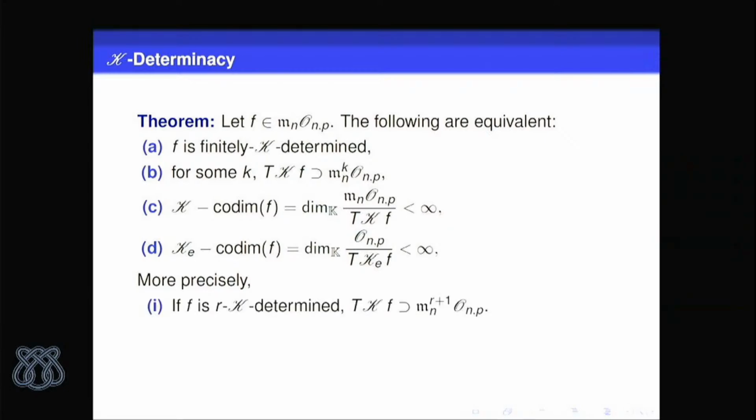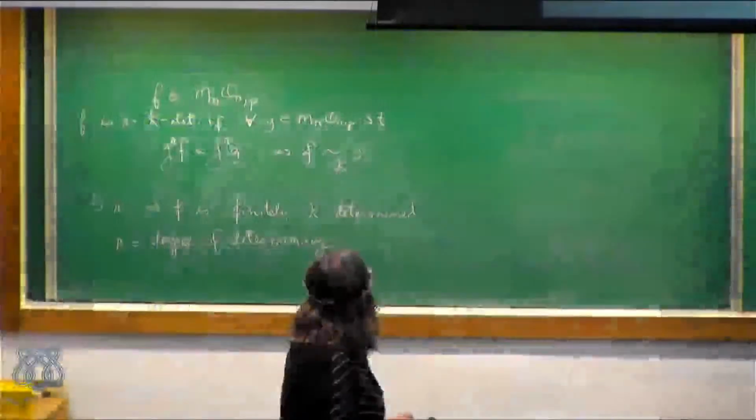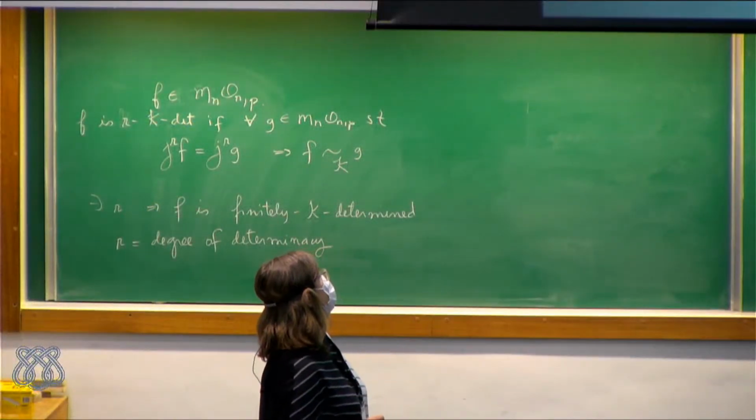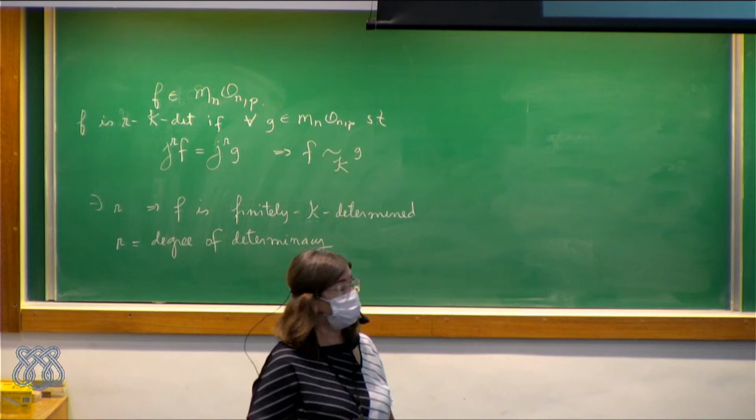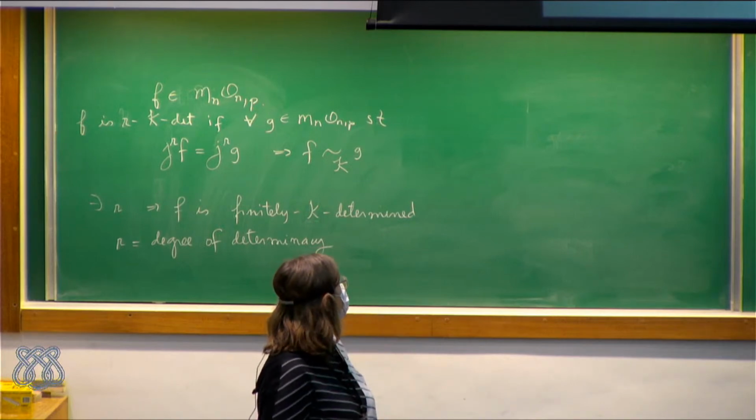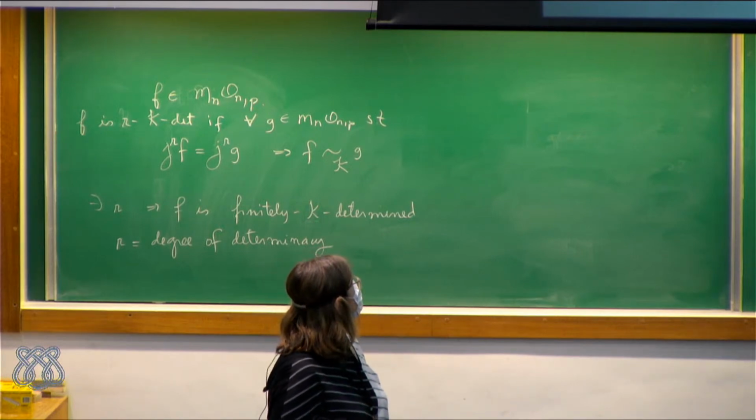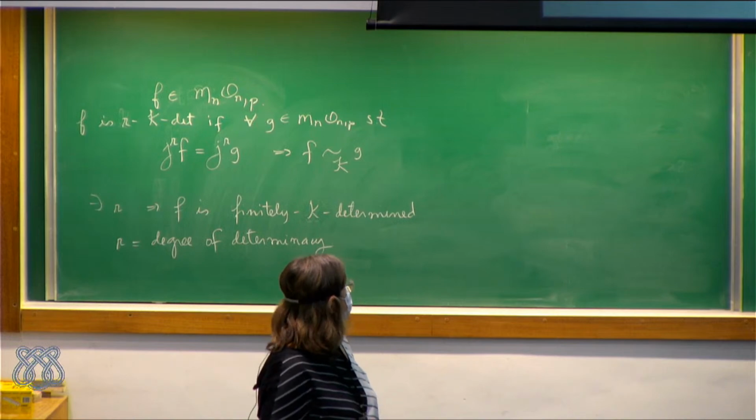If F is R determinate, then the tangent space contains Mn R plus 1, ONP. This gives us some estimate, but this is better. If the tangent space contains Mn R plus 1, ONP, then F is R plus 1 K determinate.